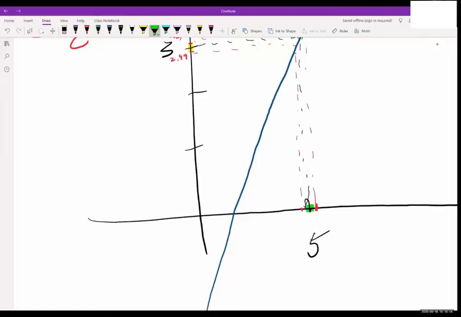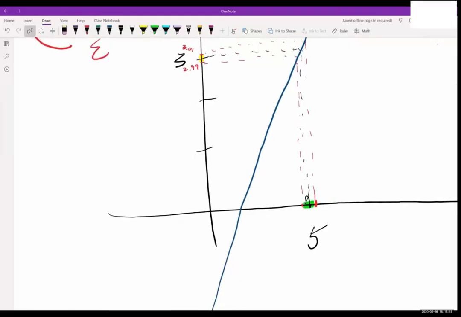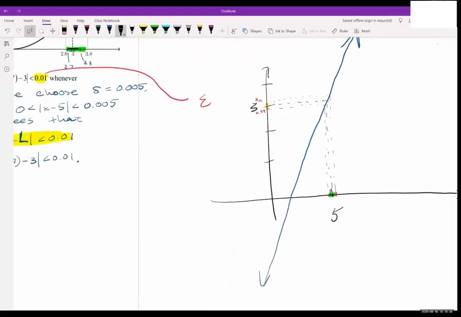Samira, does that kind of make sense? Yes, it makes sense seeing both graphs and everything. Thank you. Good, good. And then real quick, the delta we found is 0.005, right? So we are 0.005 above, and we are 0.005 below, because delta is equal to 0.005.